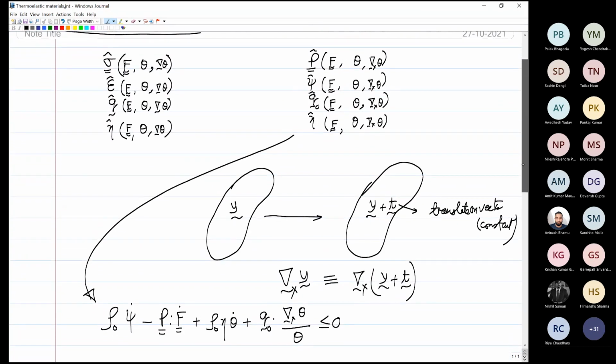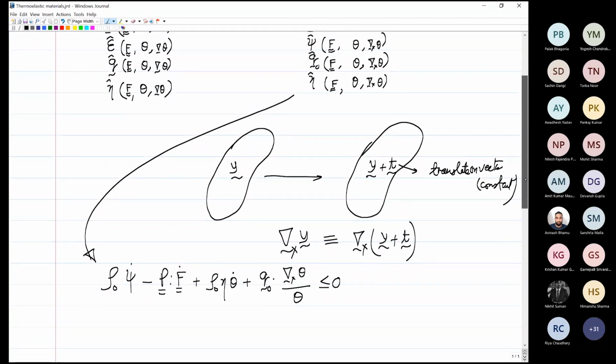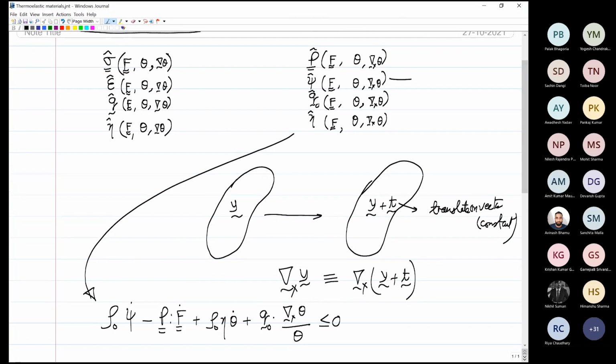So you see, we need psi dot. Now this is the dependence on psi. So what will be psi dot? You take the derivative with respect to each of the arguments, then the derivative of the argument with respect to time, right?